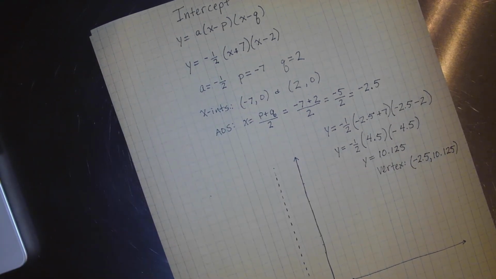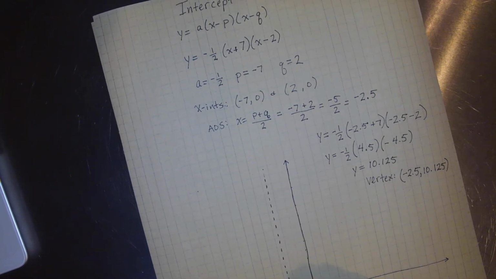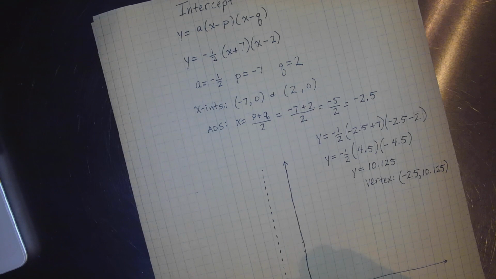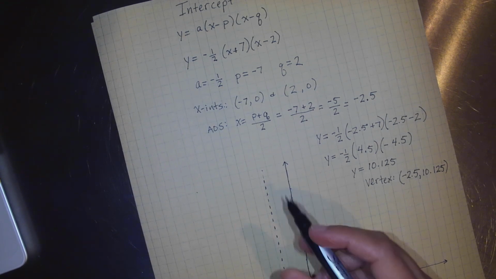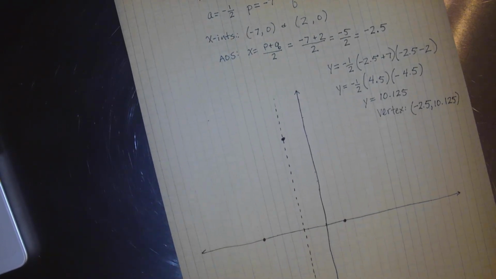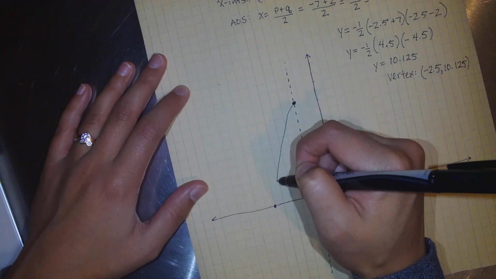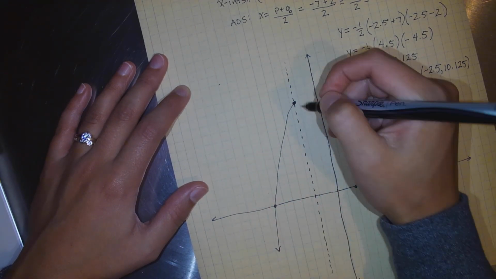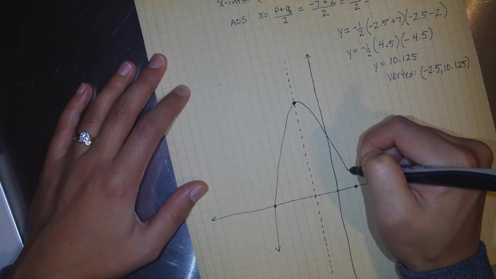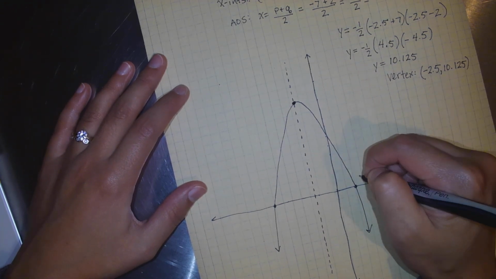Then just graphing that. This is our -2.5, and then go up 10.125. So 1, 2, 3, 4, 5, 6, 7, 8, 9, 10, and then just a little bit above 10 for .125. And now we can graph our parabola. Then labeling our points.